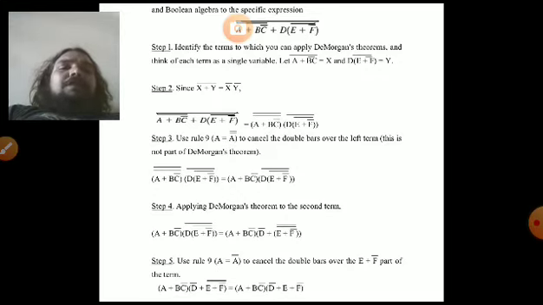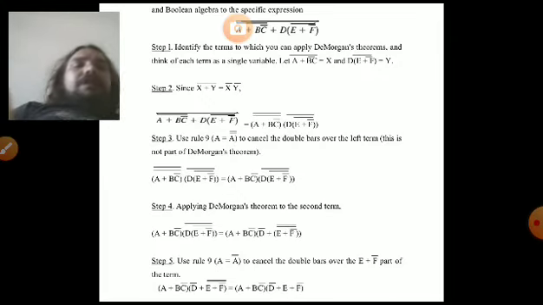Applying De Morgan's theorem in the second term, ((a + b·c)' · (d·e + b')'')' = (a + b·c') · (d' + e·(e + f')'').